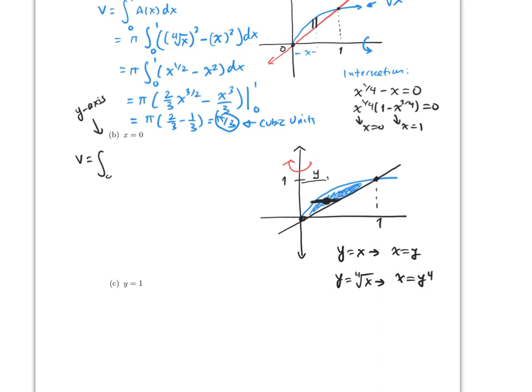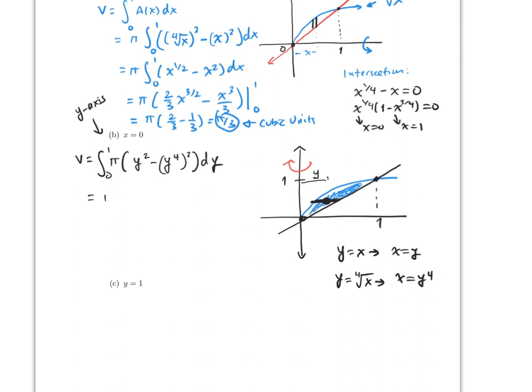So therefore, using the exact same method, the volume now is going to be equal to the integral from 0 to 1 of pi, and then y, which is this one, but squared, minus y to the 4 squared, which will give you y to the 8.